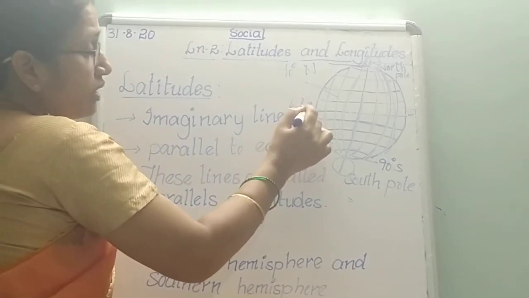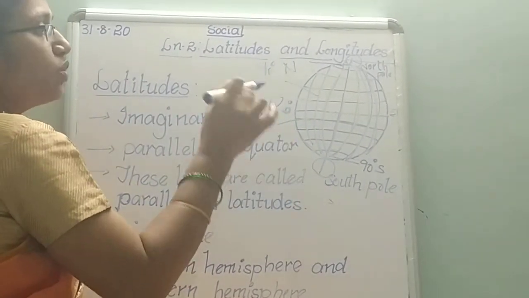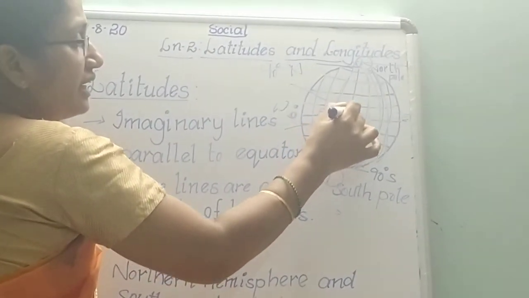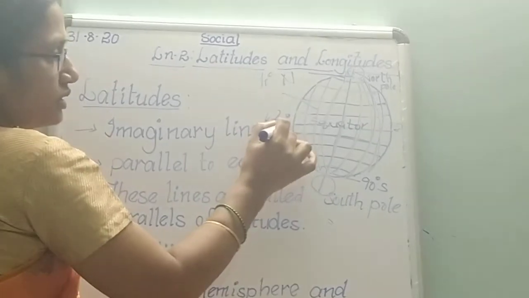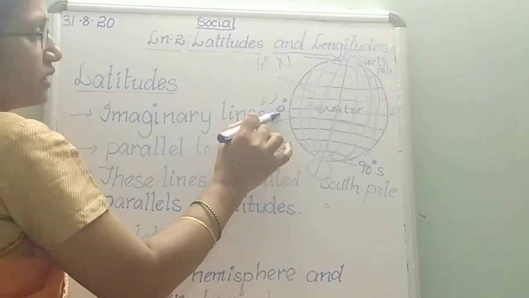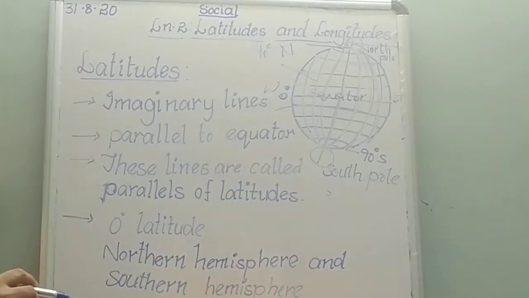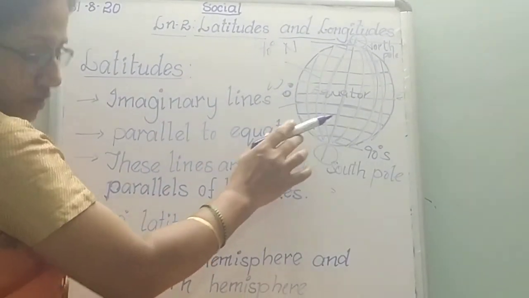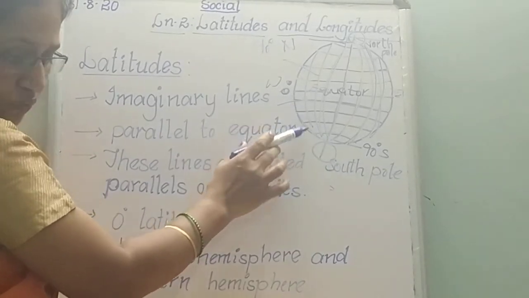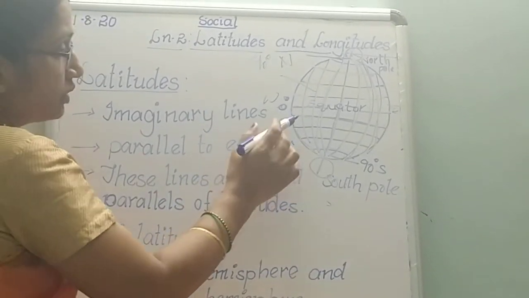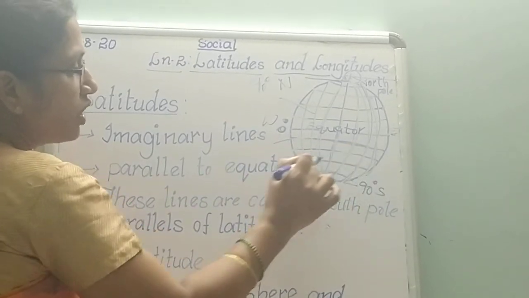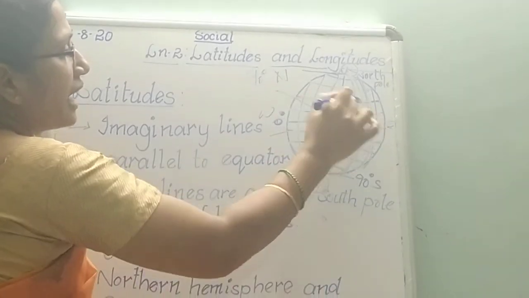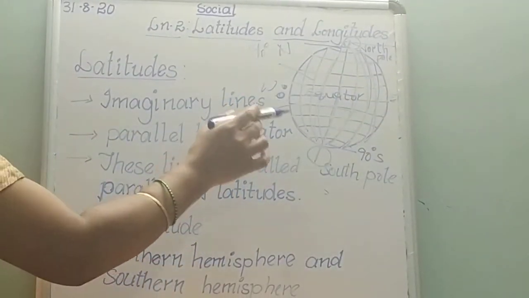This 0-degree latitude is also called the equator. This is the 0-degree latitude. This is called the equator. So the lines which are parallel to the equator are called parallels of latitudes.